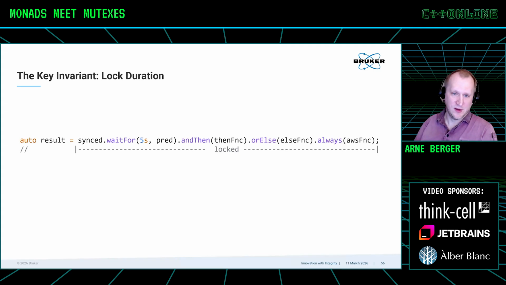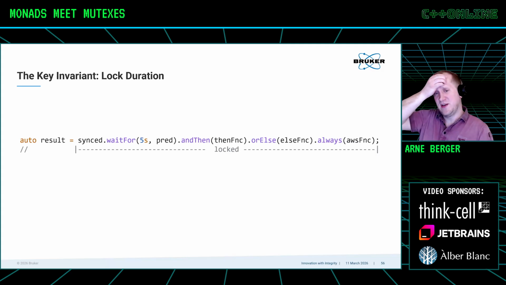And in the comment below, you see for what duration the mutex needs to stay locked. So it needs to stay locked for the whole function chain without any break in it, and not longer than that. So these are the two invariants we need to protect here.